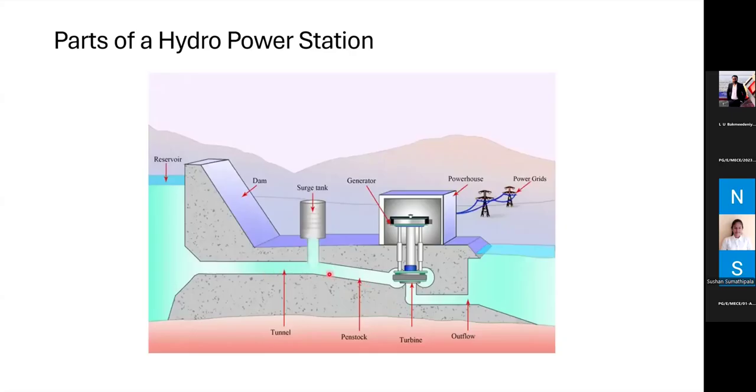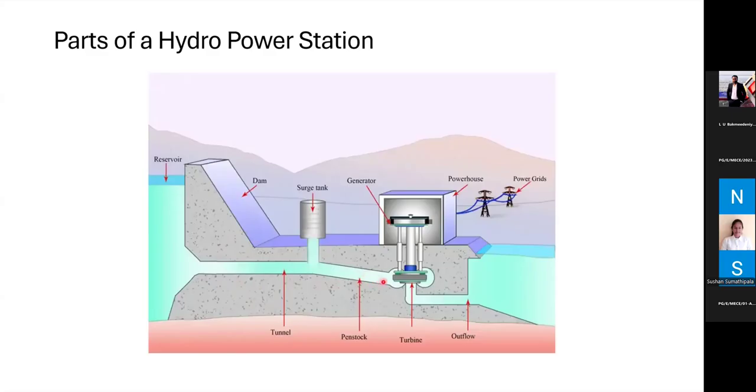Any high pressure waves that appear in the penstock, if they are left to move into the tunnel, can create high pressure spots in the tunnel that can damage the tunnel linings and the tunnel infrastructure.